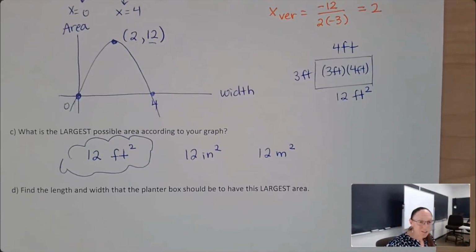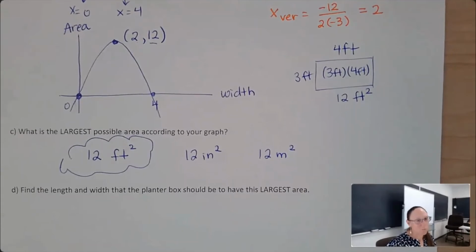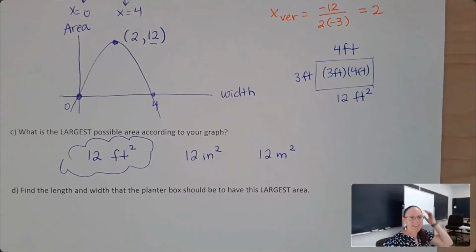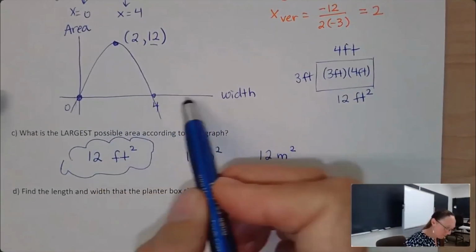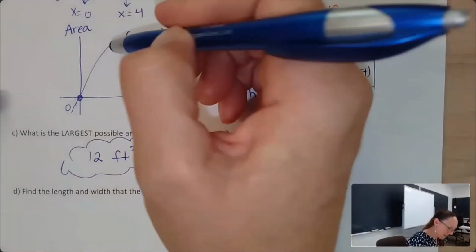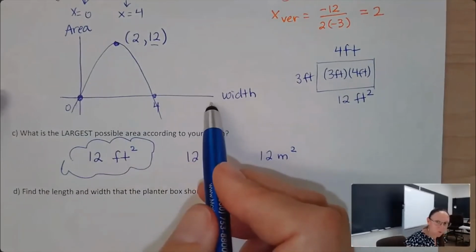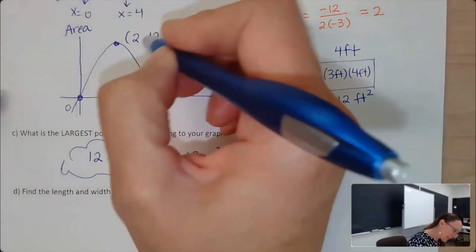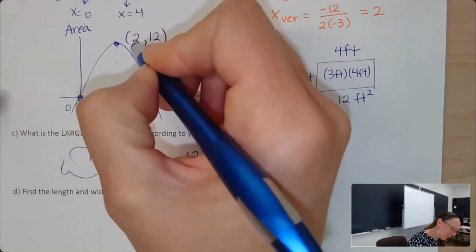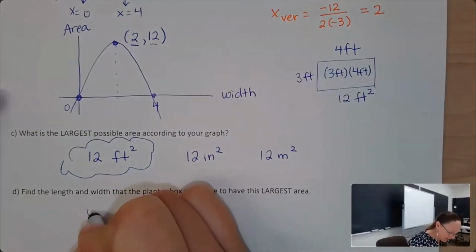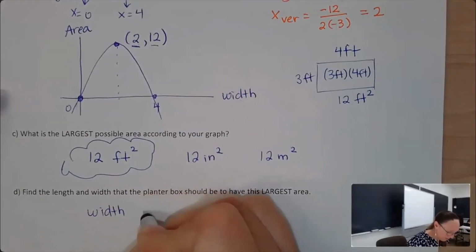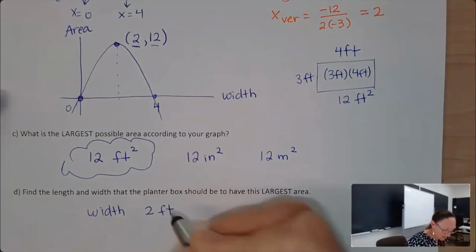Next part of this question, find the length and the width that the planter box should be to have this largest area. So my width here is coming from my horizontal axis. So to get to that largest area, the width that we are at is 2. So this would be a width of, let's say, 2 feet.